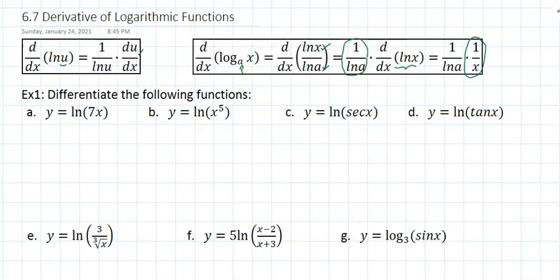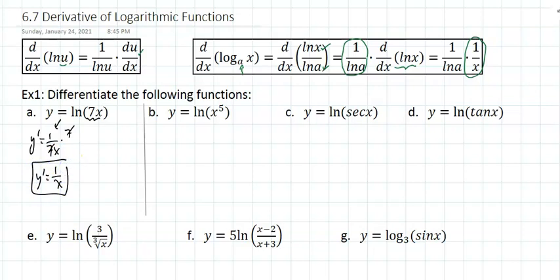So that's going to give me a lot of leeway when I take a derivative to avoid many unpleasant rules, such as I could say the derivative is 1 over 7x times the derivative of the argument, which is 7, and that reduces to 1 over x.